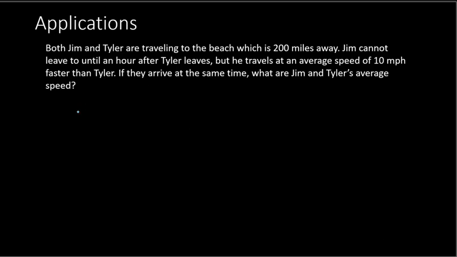So for word problems, many times it's helpful to write out the information. So we have Jim and we have Tyler. So two different people, and we're dealing with distance and speed and time. So we're going to want to use our distance formula of distance equals rate times time.